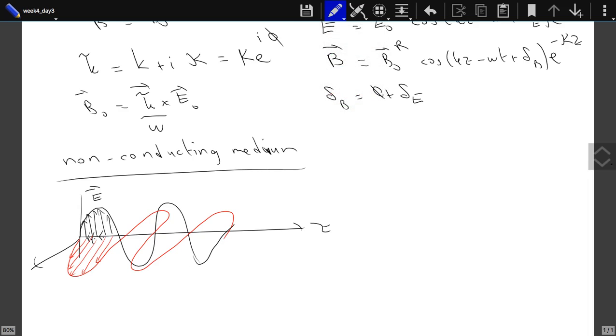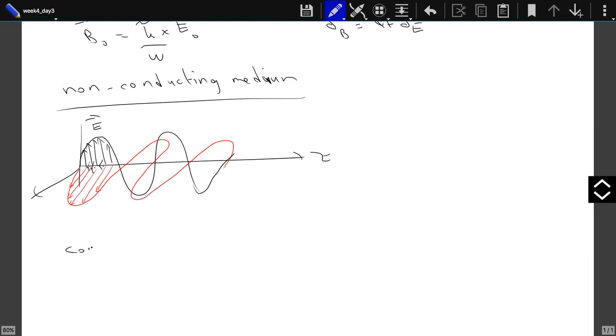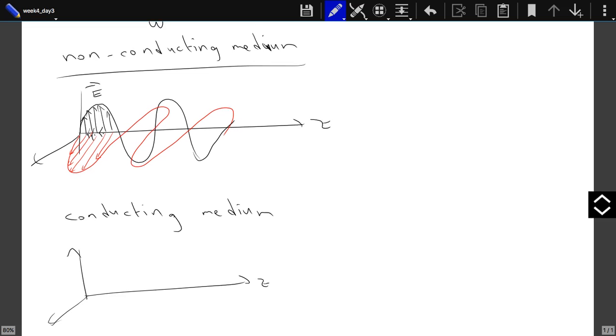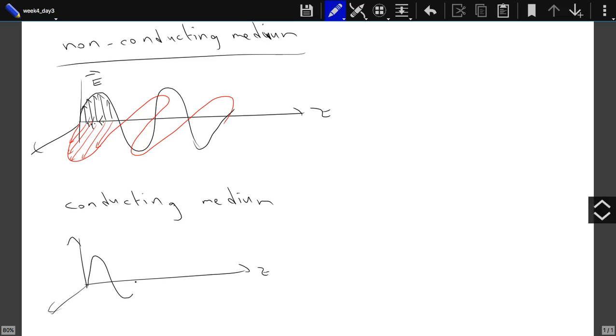Now what happens in a conducting medium? Let's say this is still the electric field, and this would be the magnetic field.